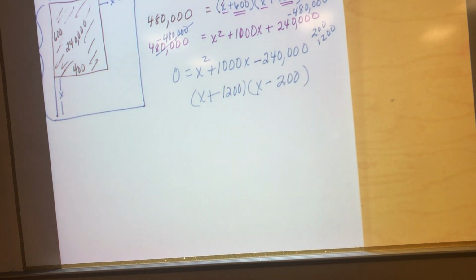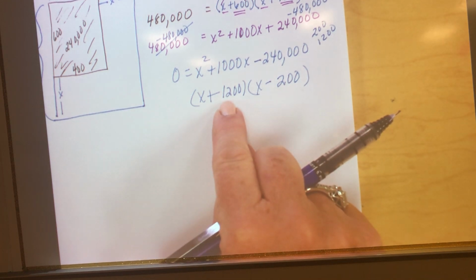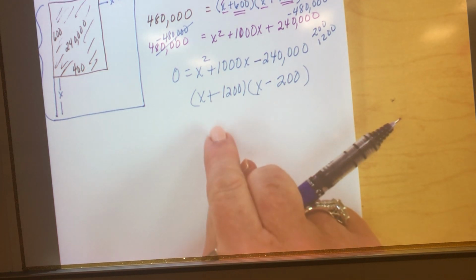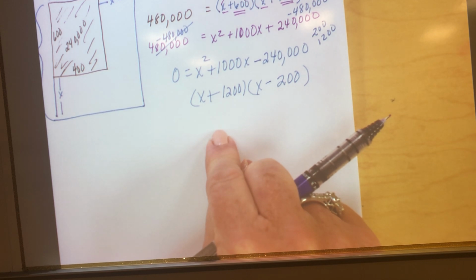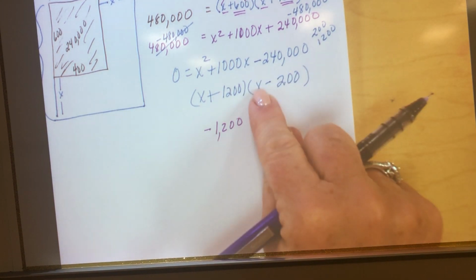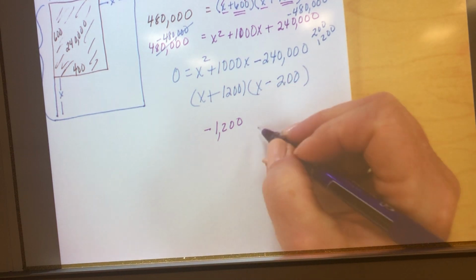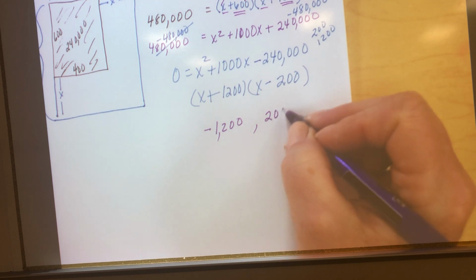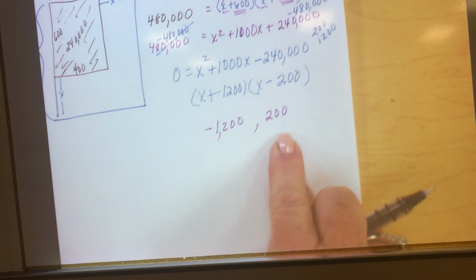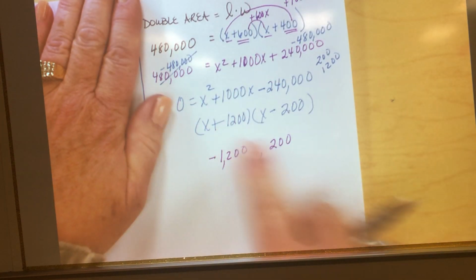Now listen to what I'm saying. If x plus 1,200 is the factor, what's the root? Negative 1,200. If x minus 200 is the factor, what's the root? Positive 200.